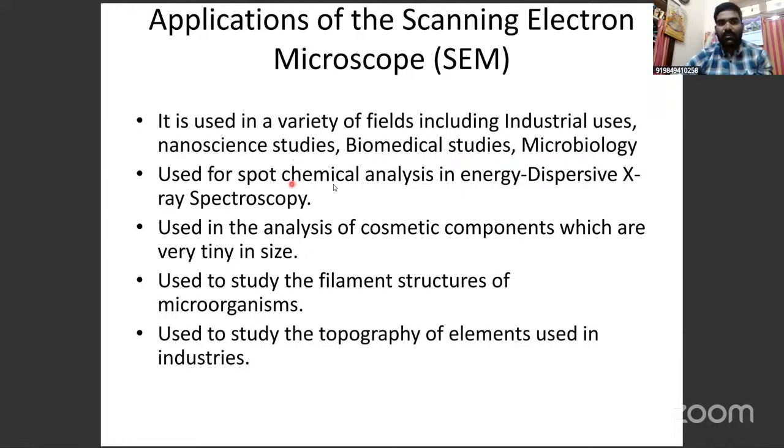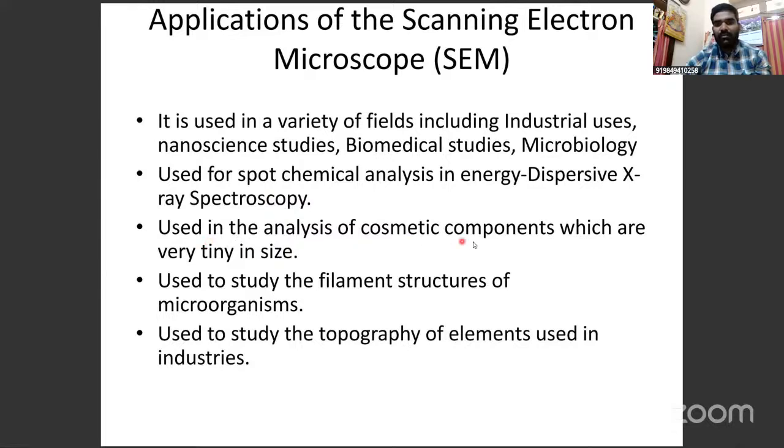It is also used for spot chemical analysis in energy dispersive X-ray spectroscopy.